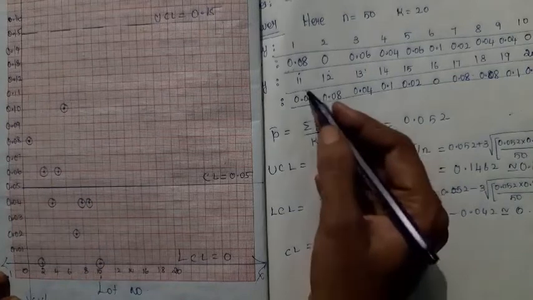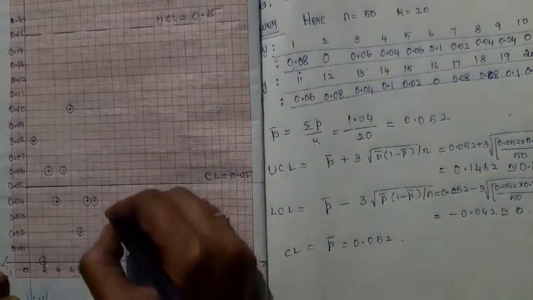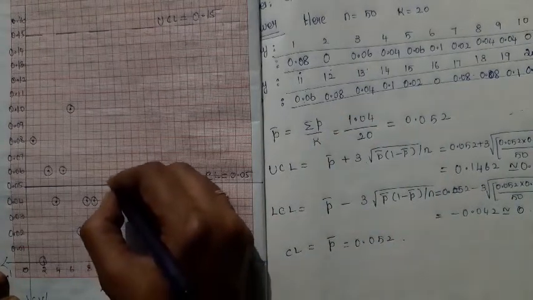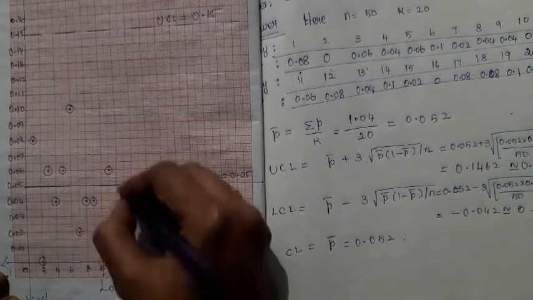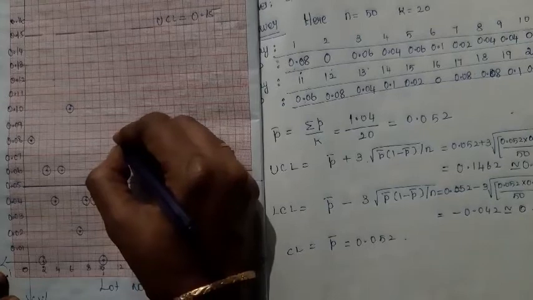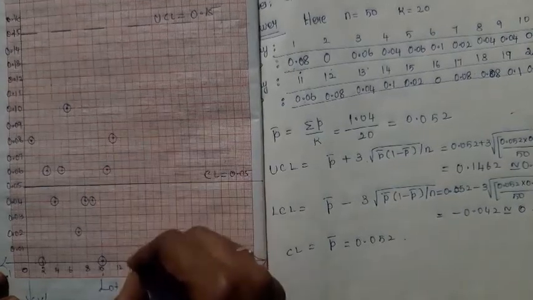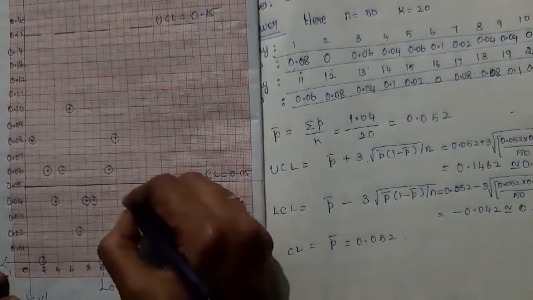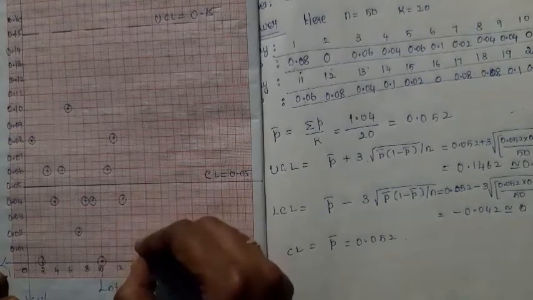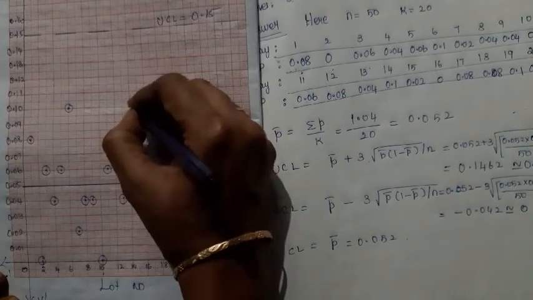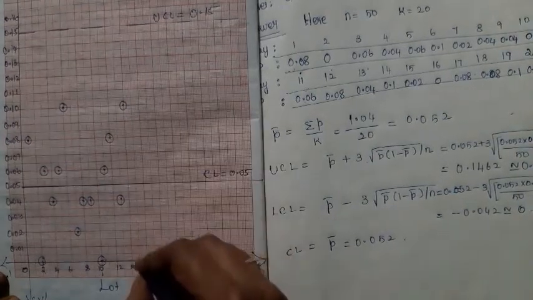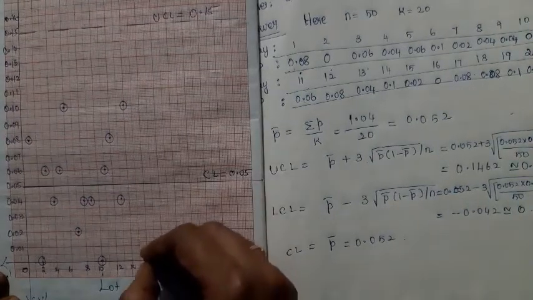For 11th day it is 0.06. For 12th day it is 0.08. For 13th day it is 0.04. For 14th day it is 0.1. For 15th day it is 0.02.